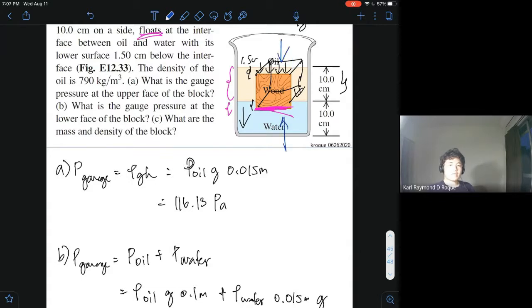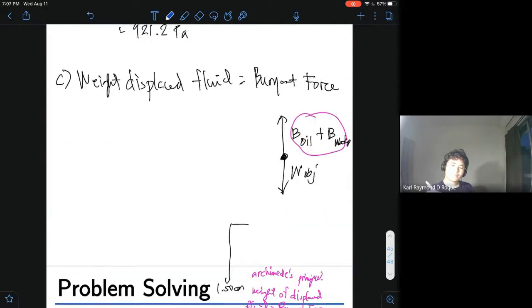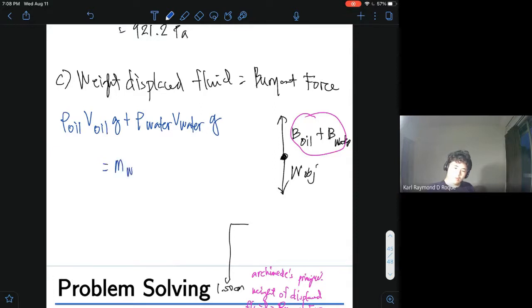From the bottom, merong force. Right? Yun yung buoyant force, actually. Pero para hindi tayo malito, sige. Cancel.